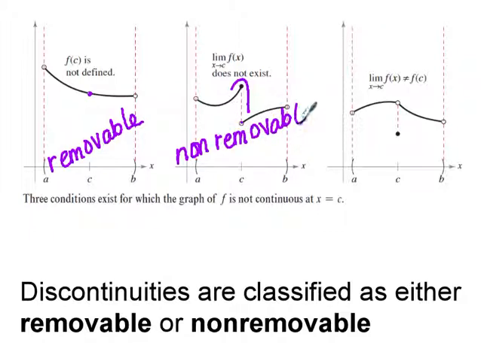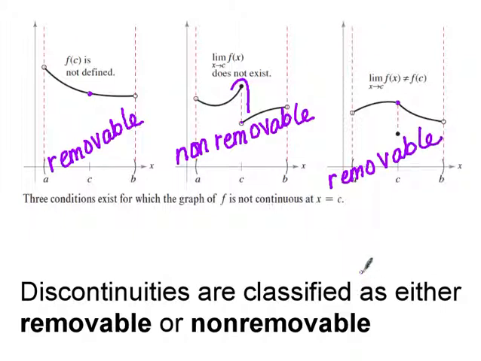What about this next one? What would that be classified as? See if I put a dot here. Is there a way you could still walk along this graph without falling? So this is a removable. That's that y value.